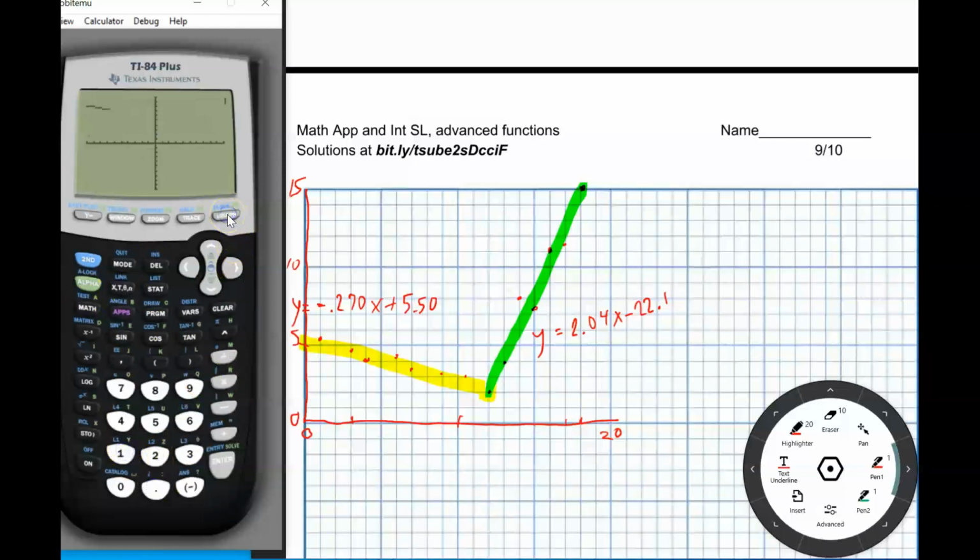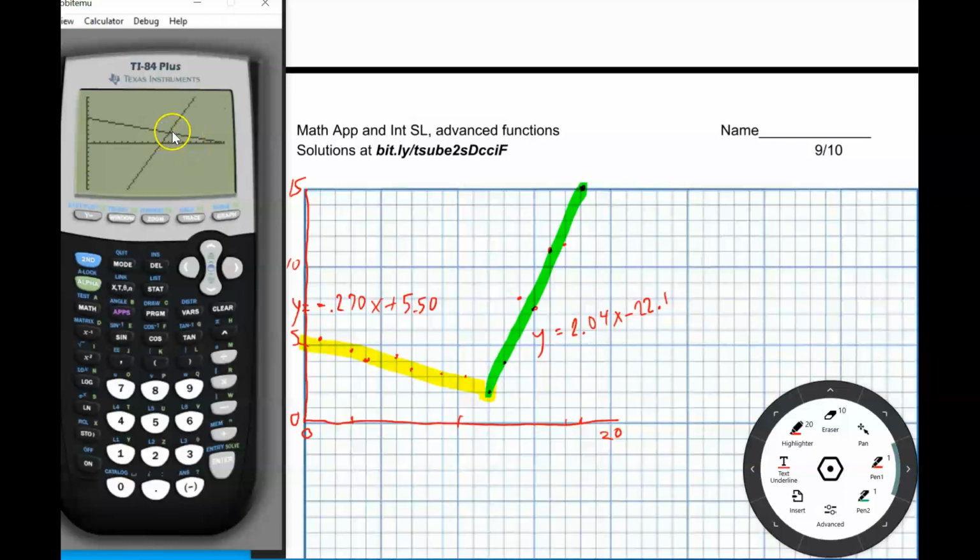And then I graph, and it's going to look kind of like my drawing here, except it's off the edge of the screen. But if I change my x-axis to 0 to 20, it should be about right. So there's my yellow, and there's my green.